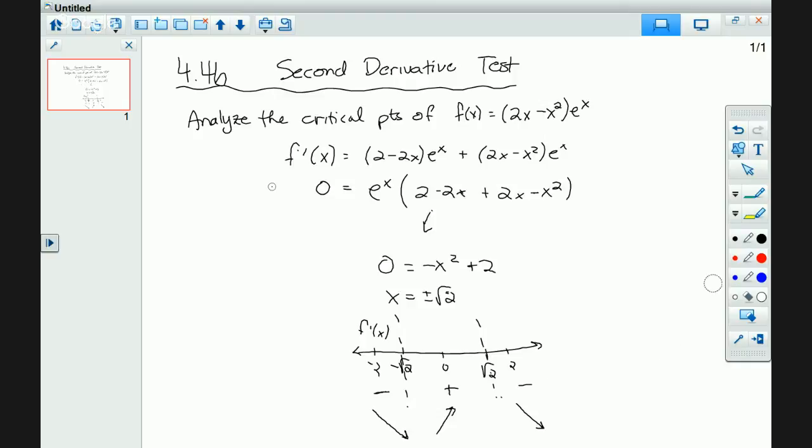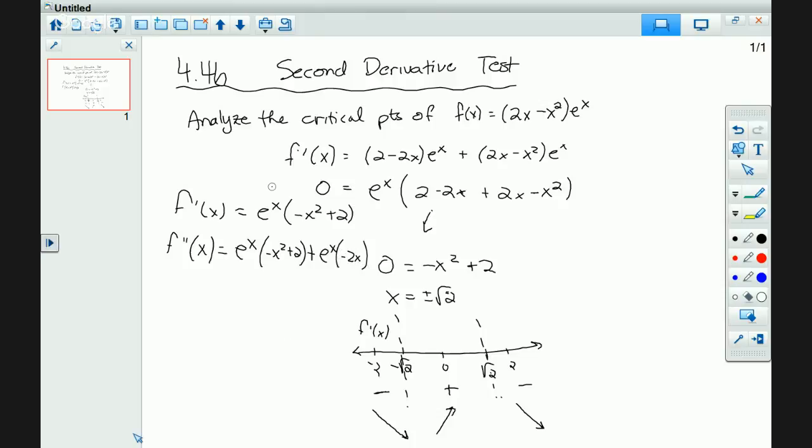Okay, f prime of x is e to the x times negative x squared plus 2. I rewrite it as simple as possible. Now, what's the second derivative? Okay, this is kind of a mess.